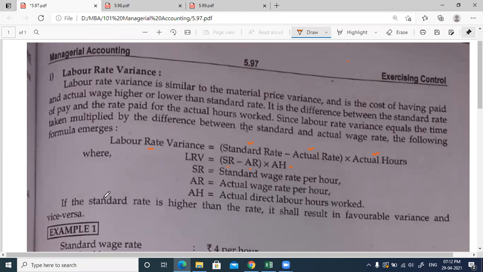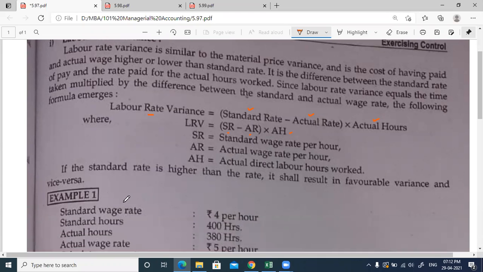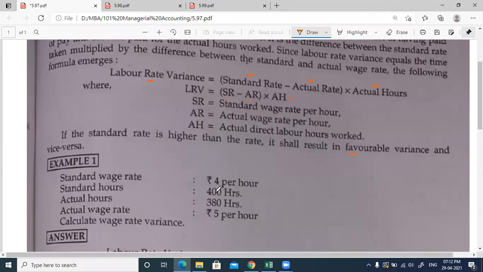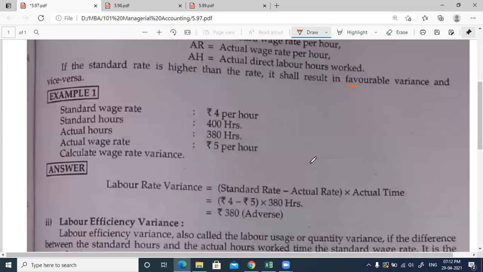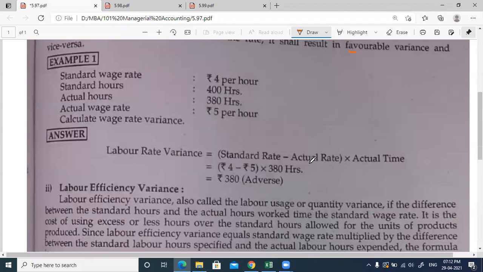So let's see the first example. Now if this answer comes in positive, that means it is favorable; you are saving money. The first example is: standard wage rate is 4 rupees per hour. Actual is 5 rupees. So if you talk about the wage rates, you are paying 1 rupee per hour extra.